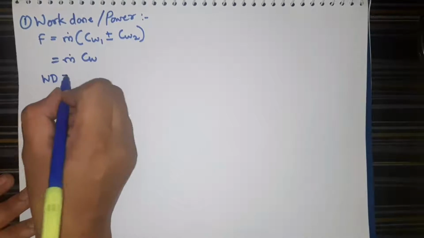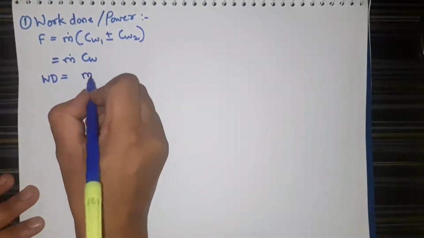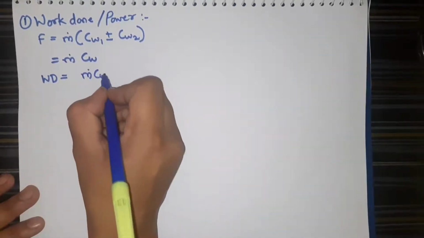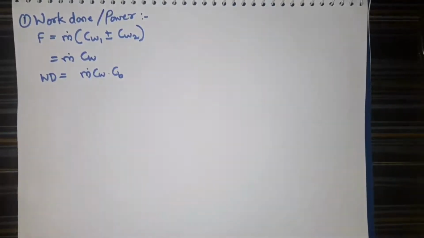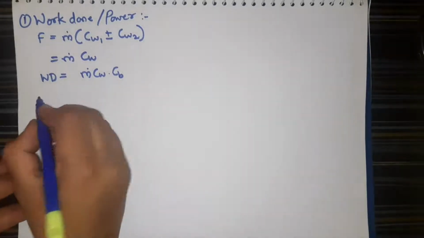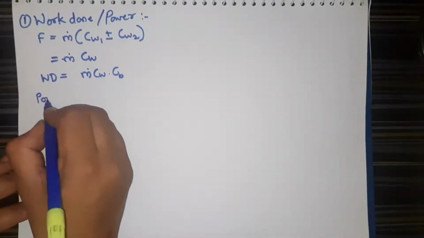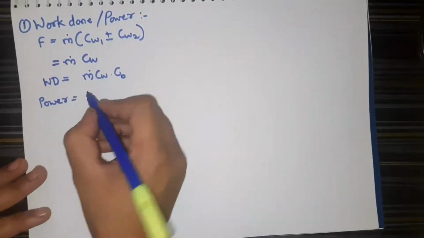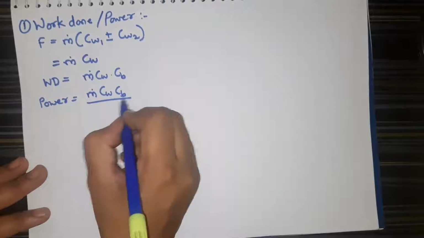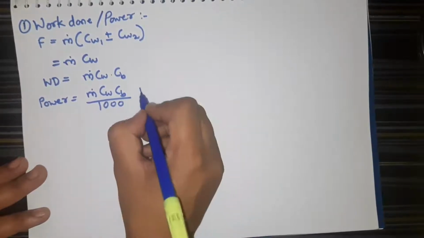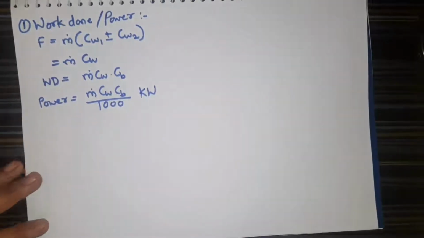The work done will be equal to m dot into CW into CB, or you may remember it as U. If you want to find the power developed in a kilowatt, we can write it as m dot CW CB by 1000. It will be in a kilowatt.